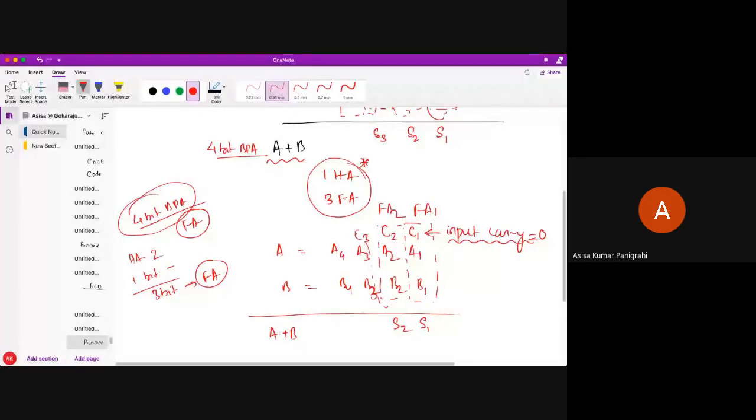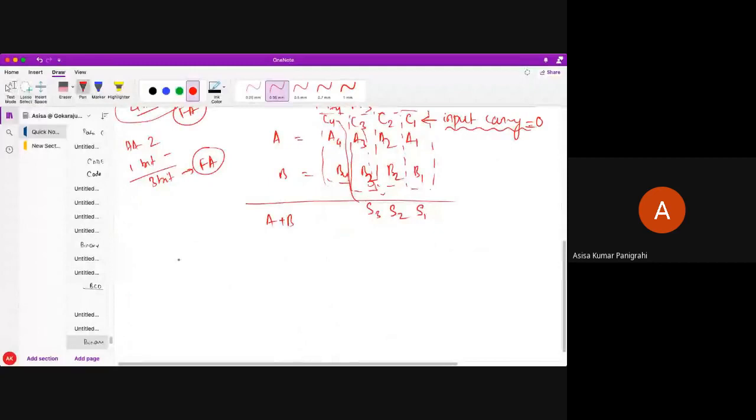C3, A3, B3 are added with FA3, generating S3, and then carry C4, A4, B4 are added with FA4. So what do you understand from here? I can design a binary parallel adder either with one half adder and 3 full adders, or with 4 full adders.